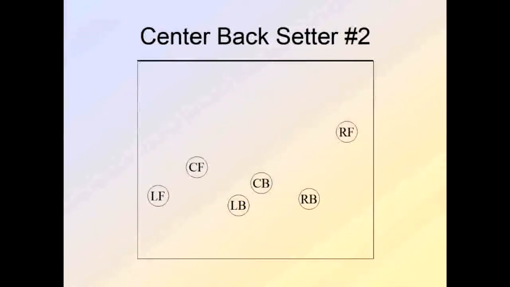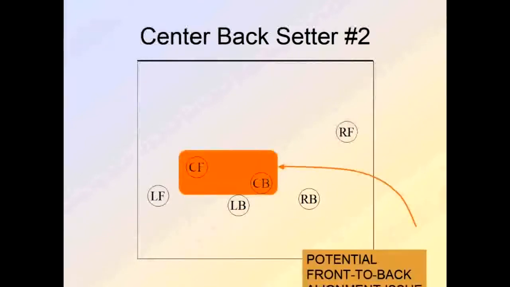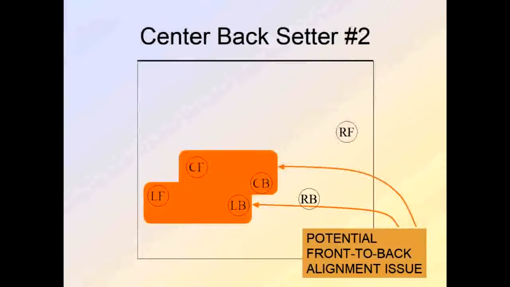In this diagram, it gets a little more complicated. The center back player is in between the left back and right back, and in this positioning, there could be a potential front to back alignment issue with the center front player. However, the center back becomes a major passer in this scenario and in this positioning.